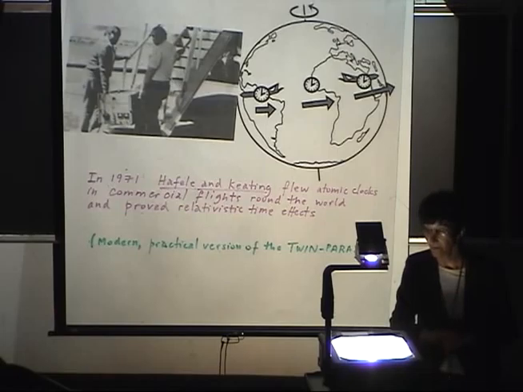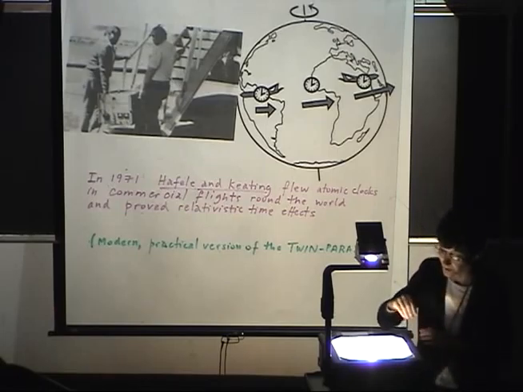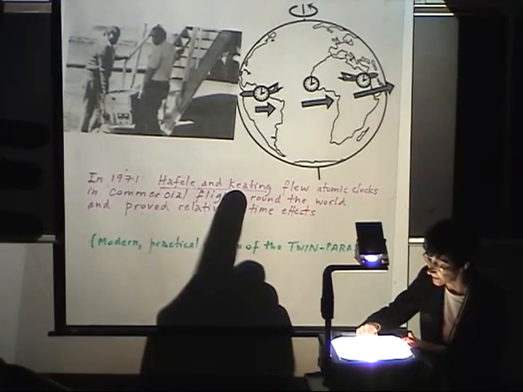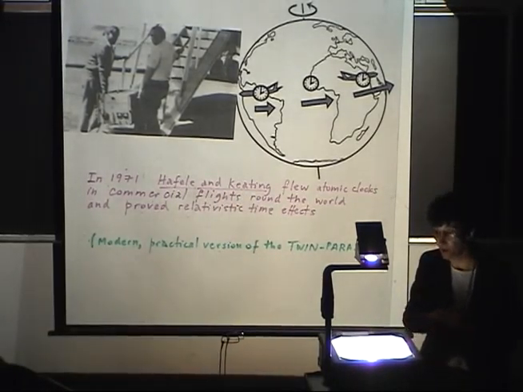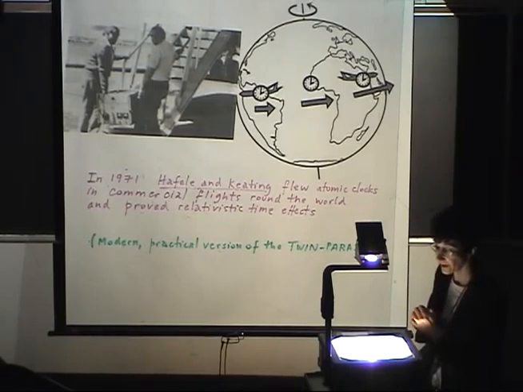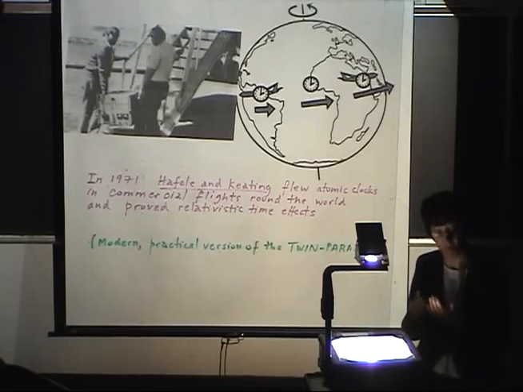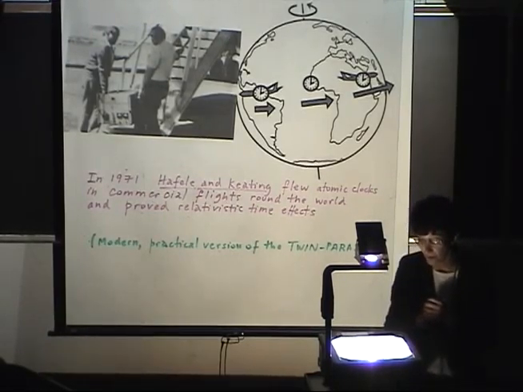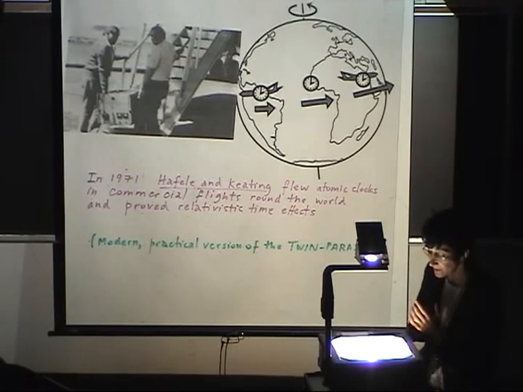This is the definition. And so in 1971, Hafele and Keating flew atomic clocks in commercial flights all around the world and proved the relativistic time effects. They measured them, computed them, and the predictions agree with the observation. So this is a modern practical version of the twin paradox.